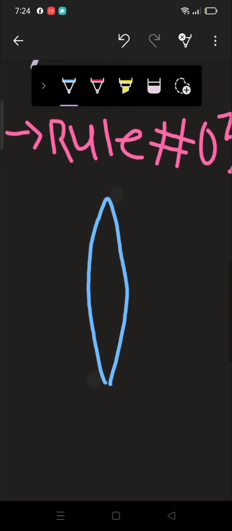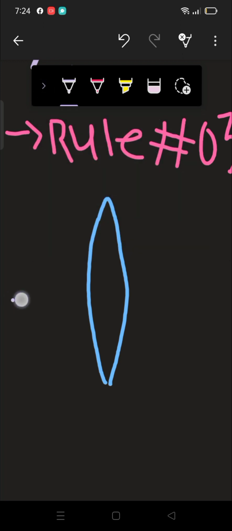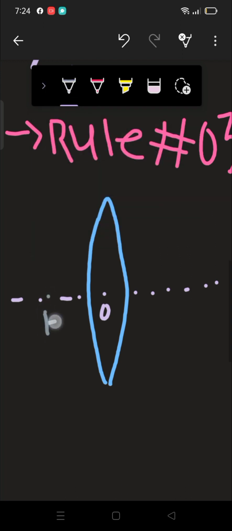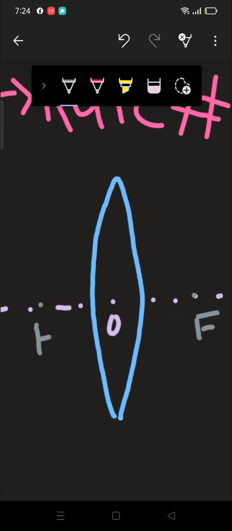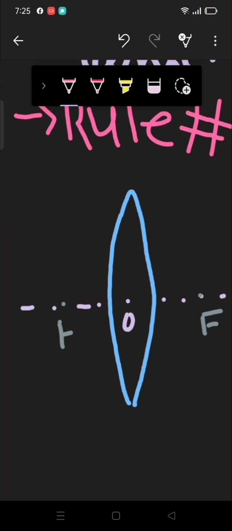This is a biconvex lens, not concave but convex. Here we have the principal axis, here the optical center, and here we have the focal point. Here the lines are going undeviated and they are going through the optical center. This is the third rule we have.